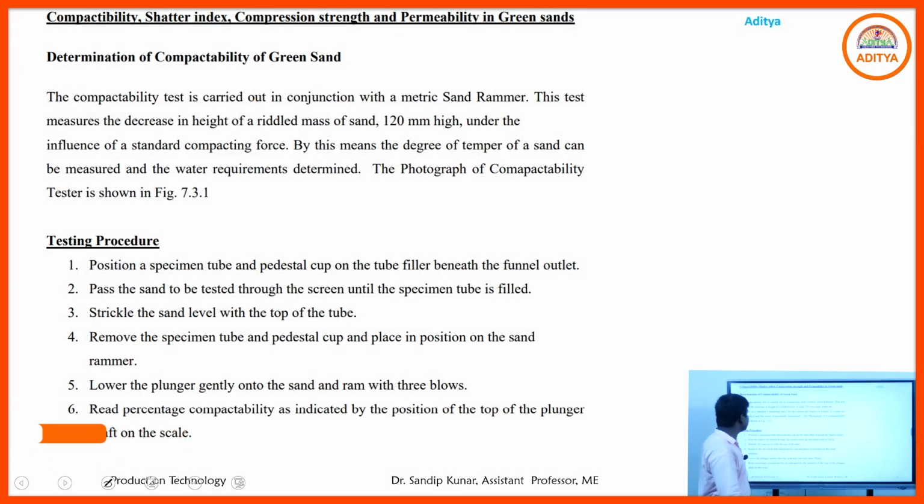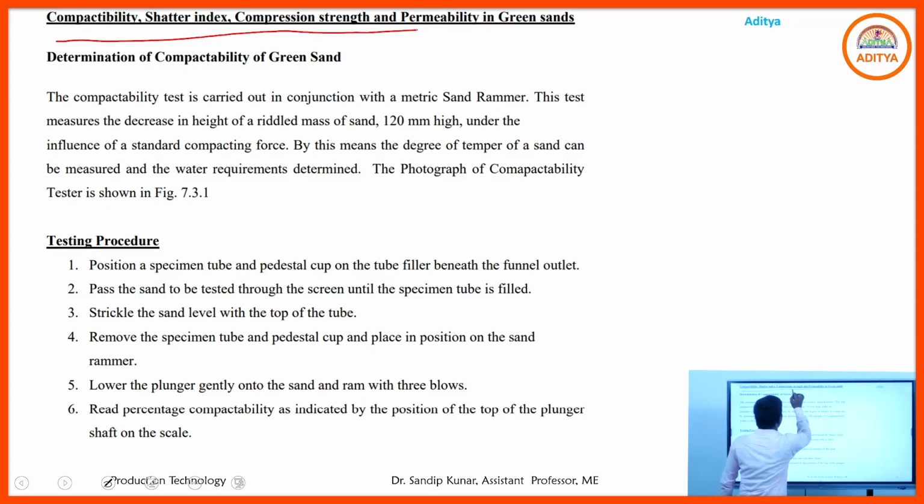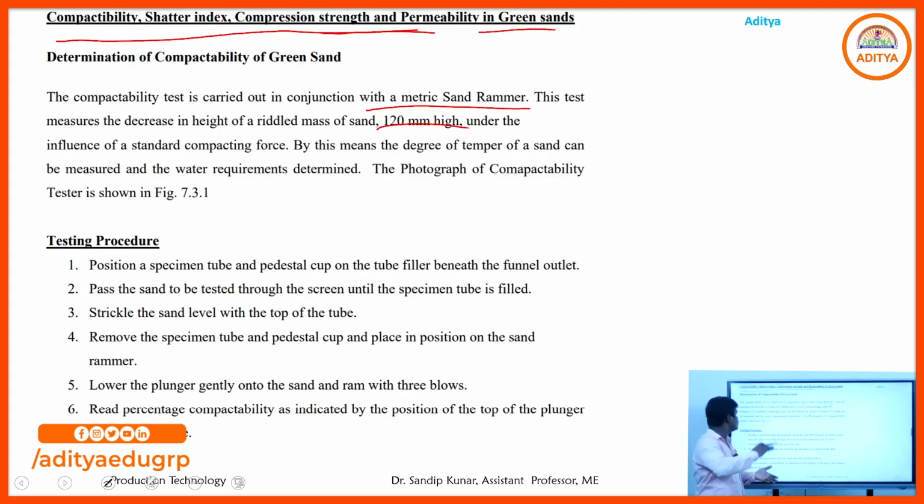Now we are taking up some testing processes: compactability test, setter index, compression strength and permeability in green sand. So how do we test these things? That is important. First, for the compactability test, we take a metric sand rammer. We provide a 120 millimeter height, and under that height we provide the sand rammer, meaning we apply pressure to that particular formation of the molding sand.